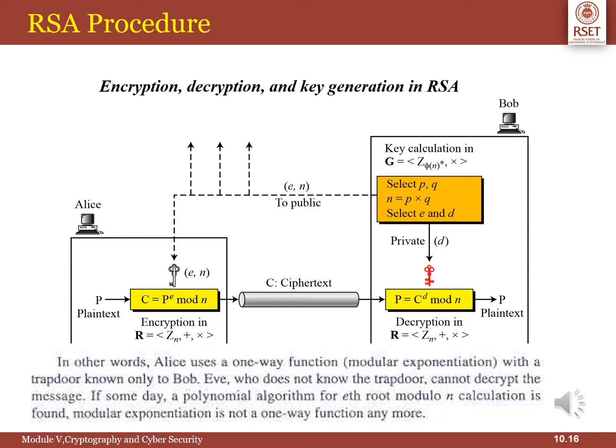The RSA encryption algorithm uses the concept of modular exponentiation, and the ciphertext C is computed using the equation P raised to E mod N. And at the receiving side, the plain text is recovered from the ciphertext using C raised to D mod N.